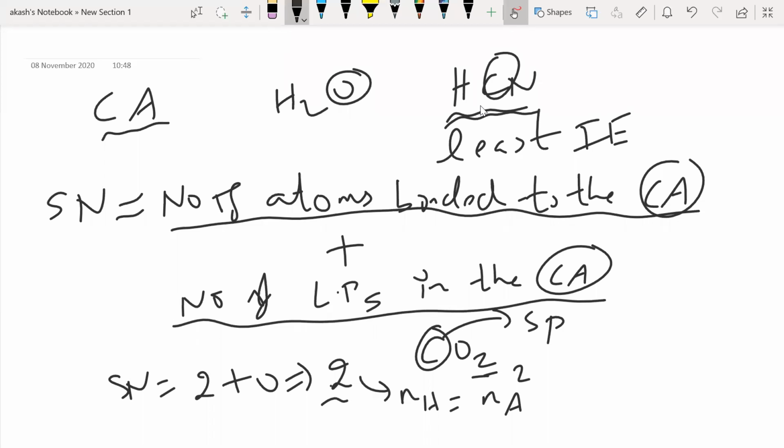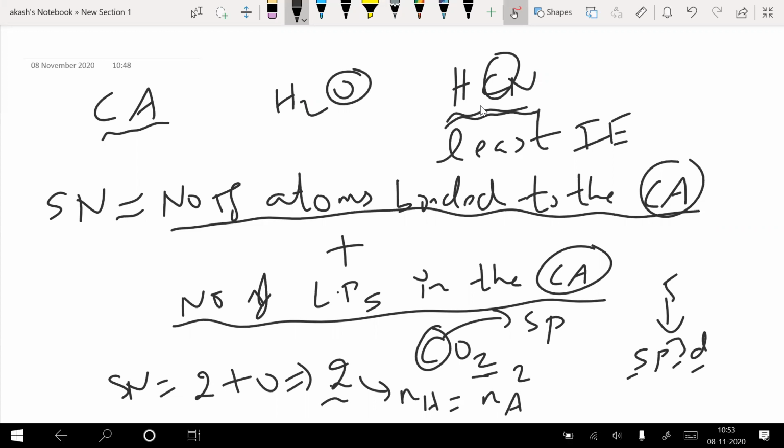If you find steric number 3, I'm going to have sp2. If you find a steric number as 5, it is going to be sp3d: one s orbital, 3 p orbitals, and one d orbital, totally 5. So if the steric number is 5, I'm going to have sp3d hybridization.